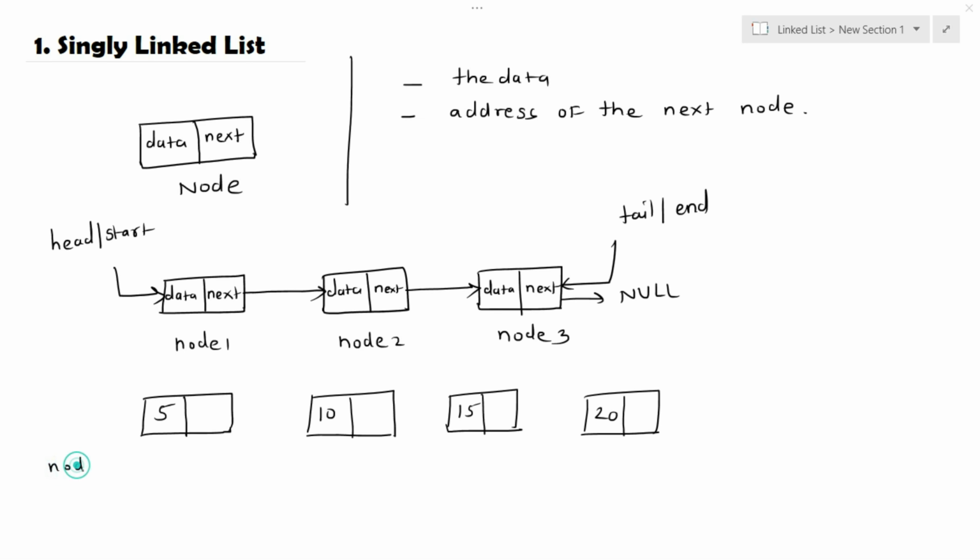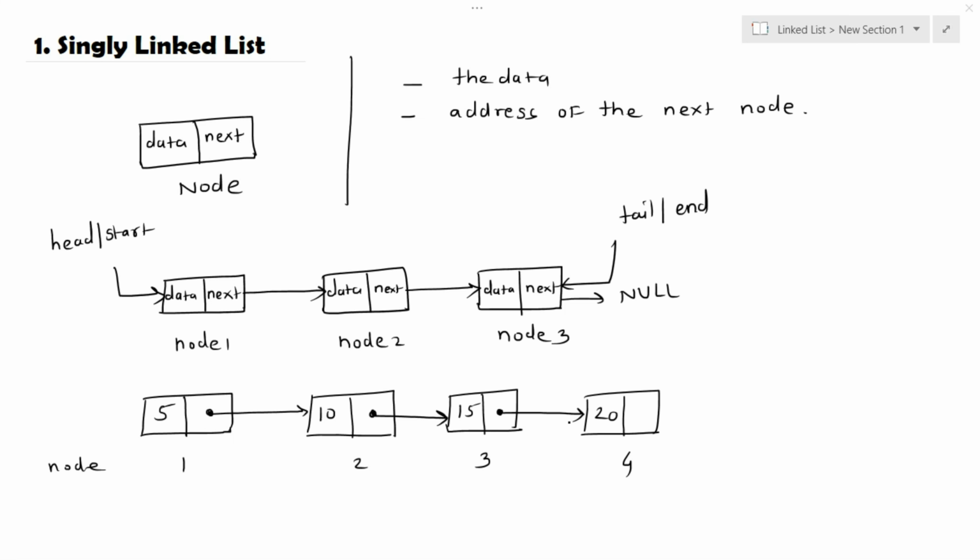That means these are nodes 1, 2, 3 and 4. The node 2 address is stored in the next of node 1. So node 1's next points to the address of the next node. Node 2's next points to the address of node 3. Node 3's next points to the address of node 4.